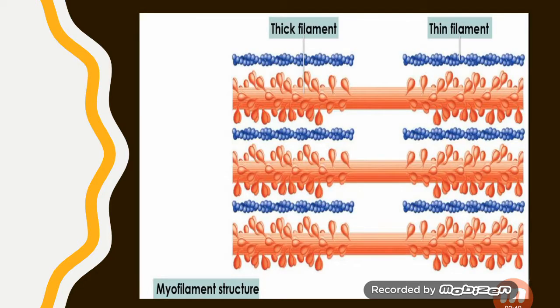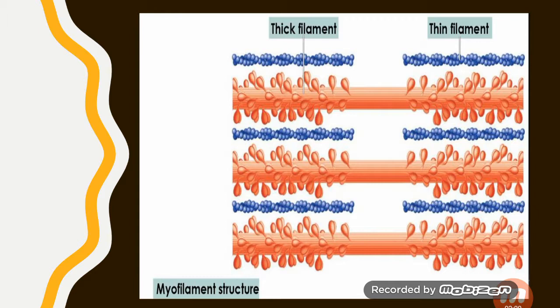Now if we talk about the thick filament and the thin filament, they are myosin and actin respectively, and their structures are very beautiful as they look like beads which are coiled together.